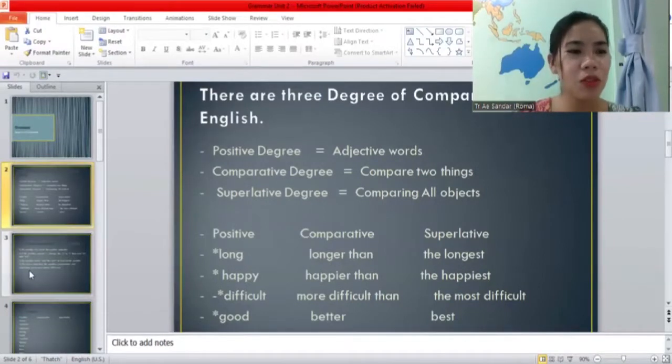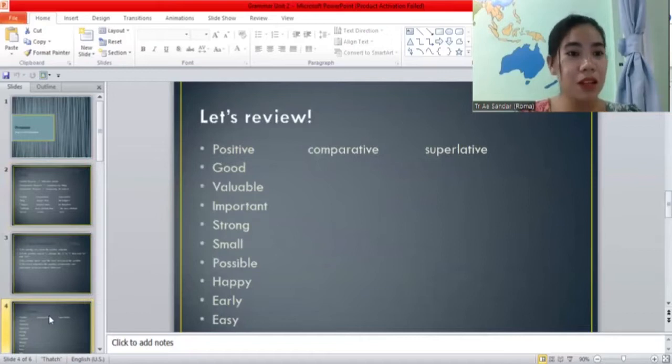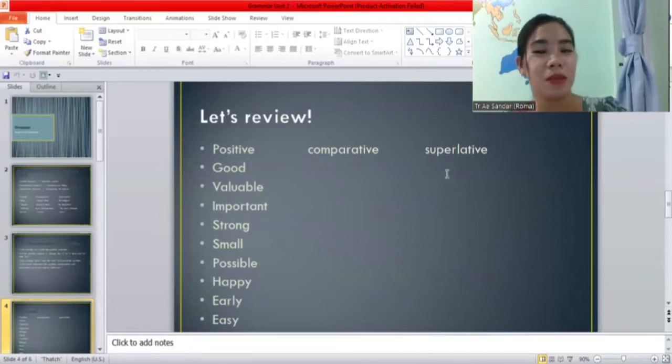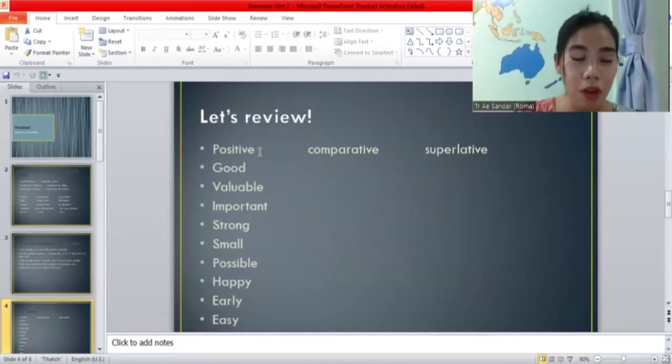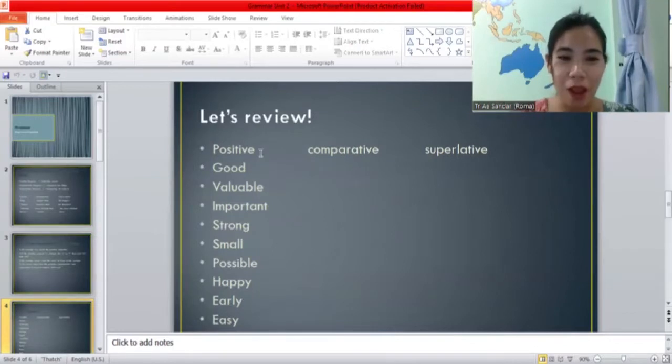You may think that you don't know that one, but let's see the exercise. Did you learn well or not? Let's do the exercise and you will know the answer. Let's review positive, comparative, and superlative. I just gave you the positive adjectives, and you have to form the comparative and superlative.